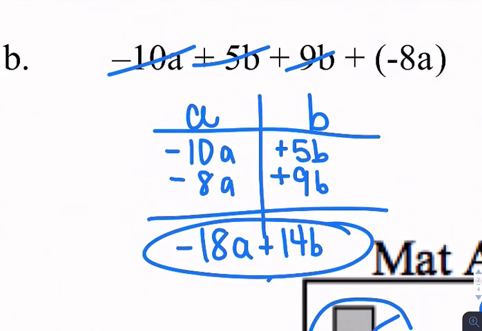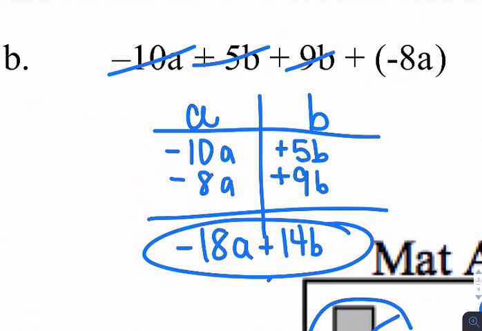Part B says negative 10a plus 5b plus 9b plus negative 8a. So I make my table. I have a's and b's. I was very careful to put the sign in front of my term. So the 10a had to be negative. The negative 8a has my negative there.